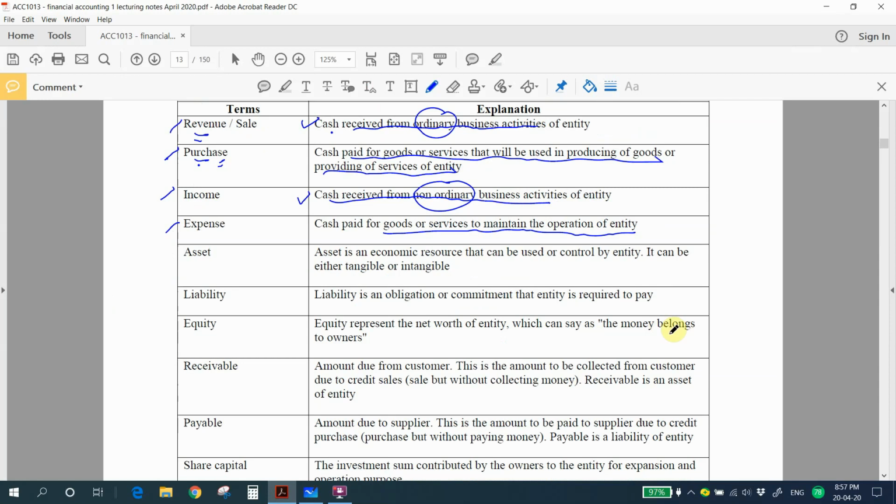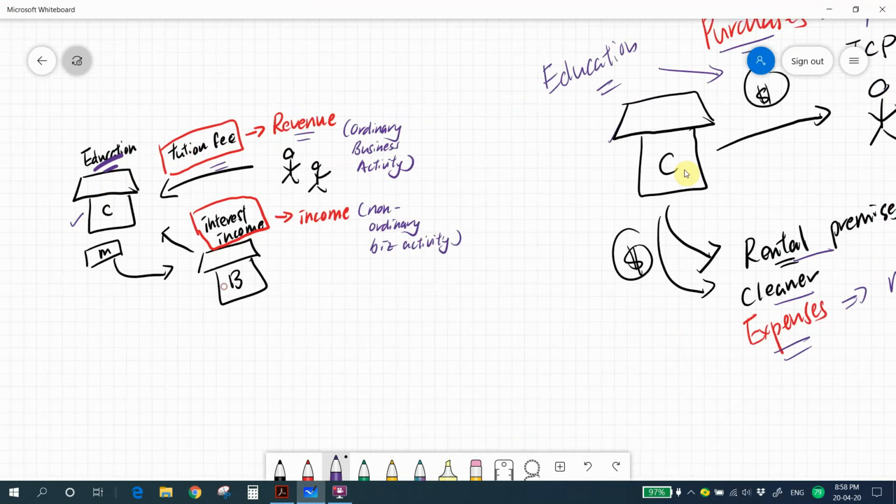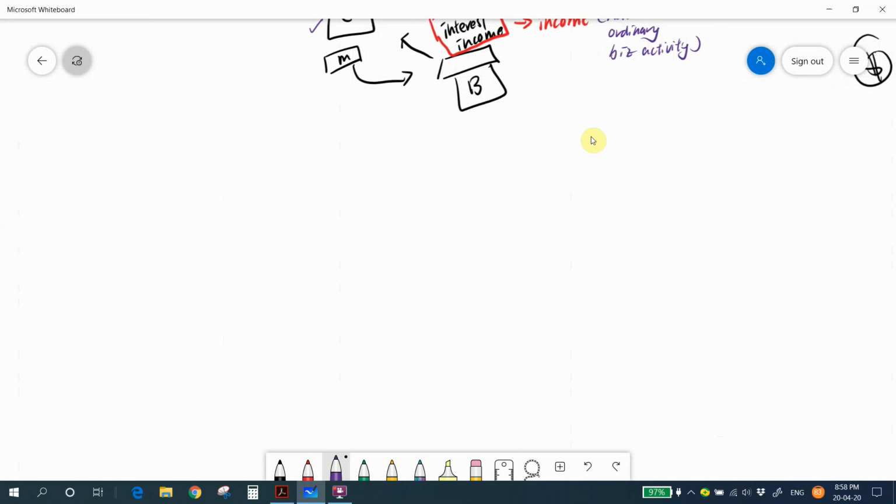Next, asset. What is asset? Asset is an economic resource that can be used or controlled by an entity, and it can be tangible or intangible. So basically, asset is something that you can control, and this can give you benefit from the using.